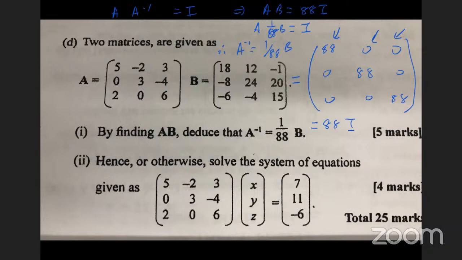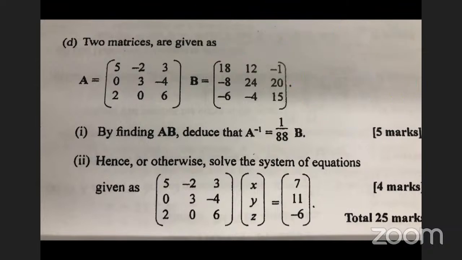Right. Everybody okay with that? Right. So next, if you all remember in Form 5, how to solve equations simultaneously. One of the methods was to find A by X and make it equal to B. So write the equation in matrix form and then take X and multiply it by A inverse B. So what you have to do here is take x, y, z and multiply it by the inverse of this, which we know already.